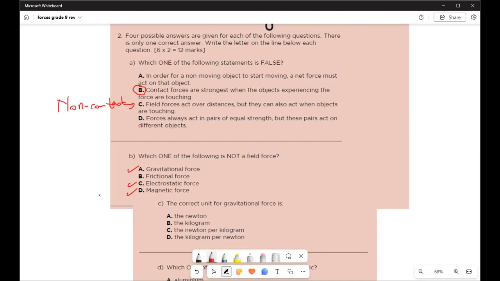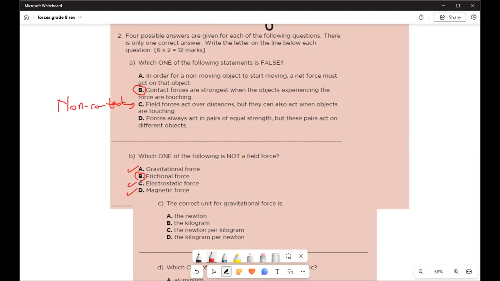Magnetic objects do not have to touch for them to experience a force. They can experience a force over a certain distance. And then remember, frictional force is the force that the surface applies on the object to oppose its motion.